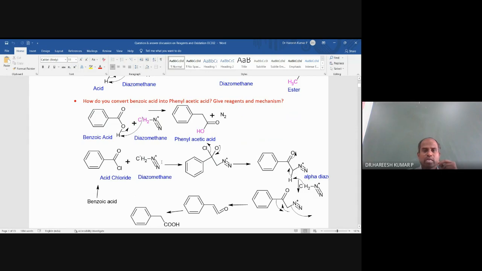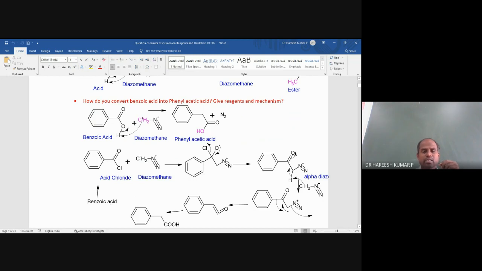So now let's look into the mechanism. Benzoic acid, when it is treated with a chlorinating agent. What are the chlorinating agents? Thionyl chloride is a chlorinating agent. Phosphorus oxychloride, POCl3, is a chlorinating agent. So using a chlorinating agent, one can convert a carboxylic acid into acid chloride.